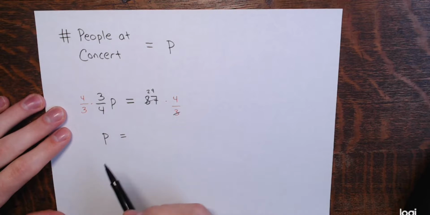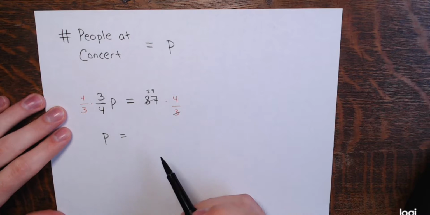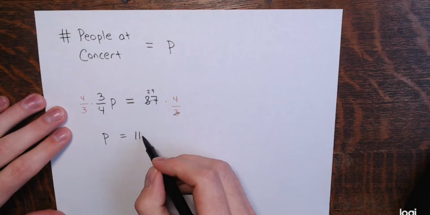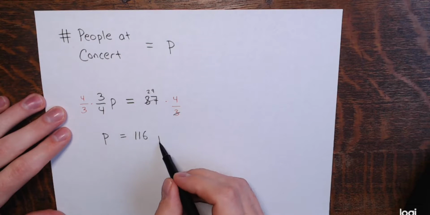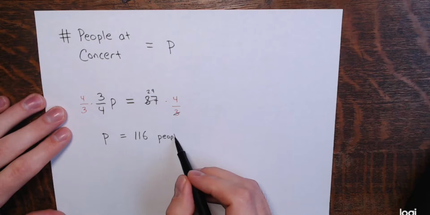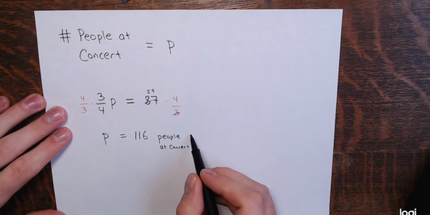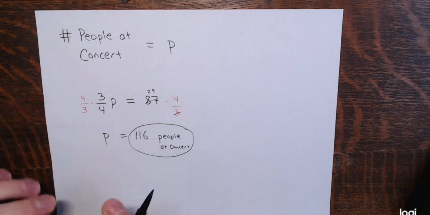And then you're left with just 4 times 29, which would be 116, right? 80 plus 36, 116 people. That's what P represented, right? There are 116 people at this concert. And there's the answer to the question.